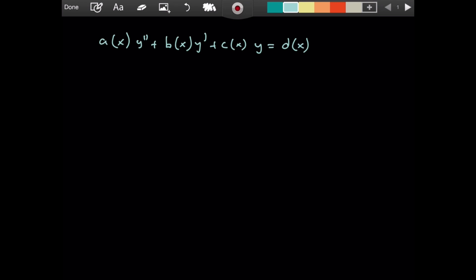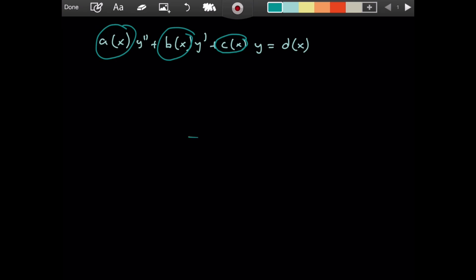What makes it linear homogeneous, though, is a special case of this. The special case that we need to consider is where these are not functions, but constants. That makes it a homogeneous linear differential equation, a second order one, of course.